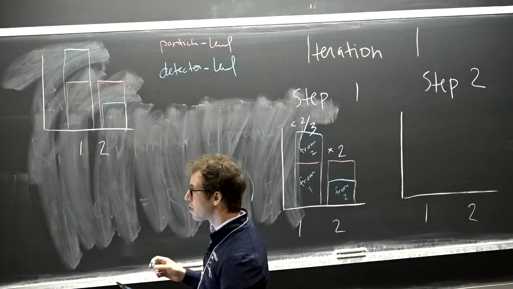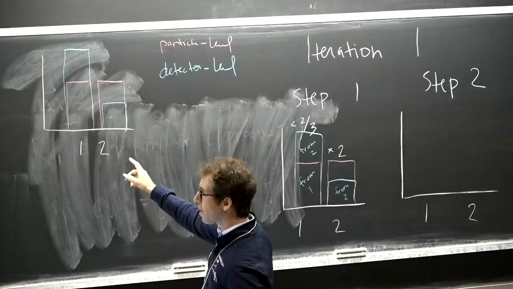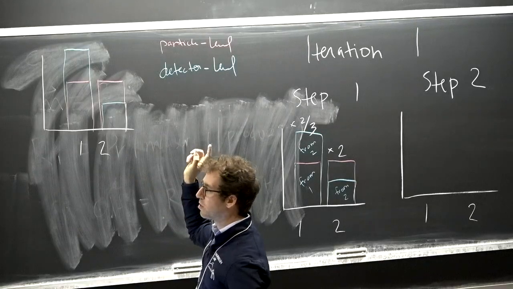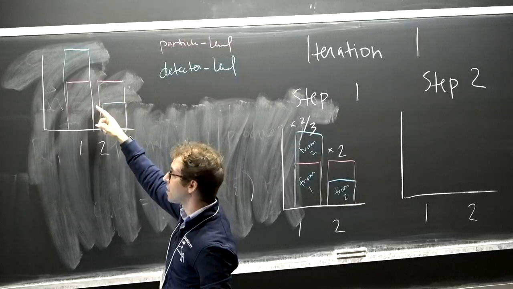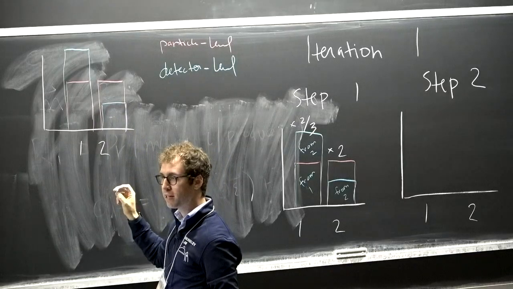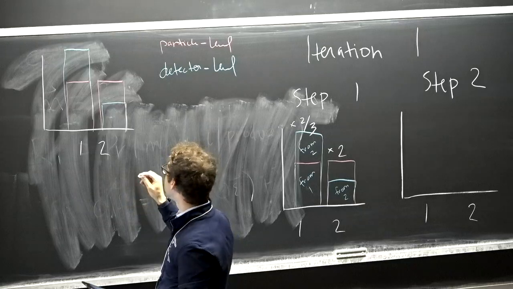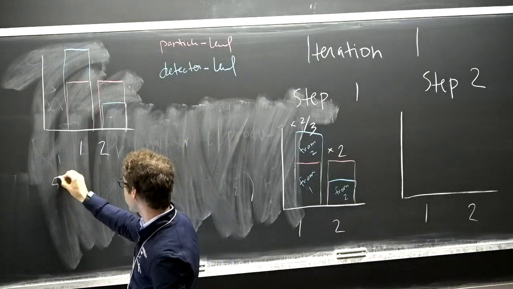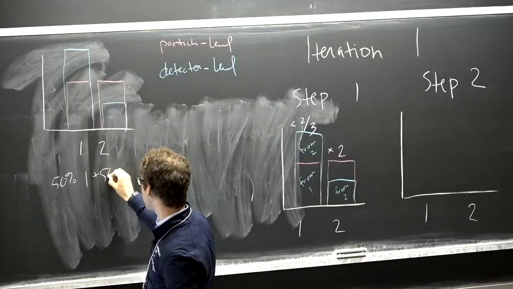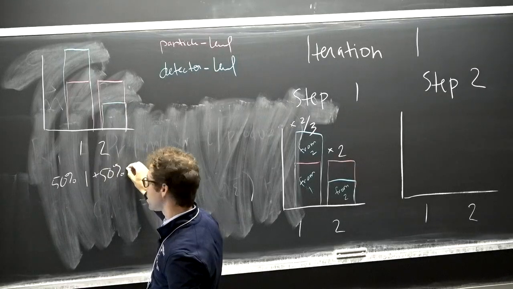Yeah, sorry. So let's say 50-50. All the ones here stay here, and half of them go here. So you'd end up having 2/3, 1/3, right? No, it's 3/4, 1/4. See, what I have here is 50% times 1 plus 50% times a half.